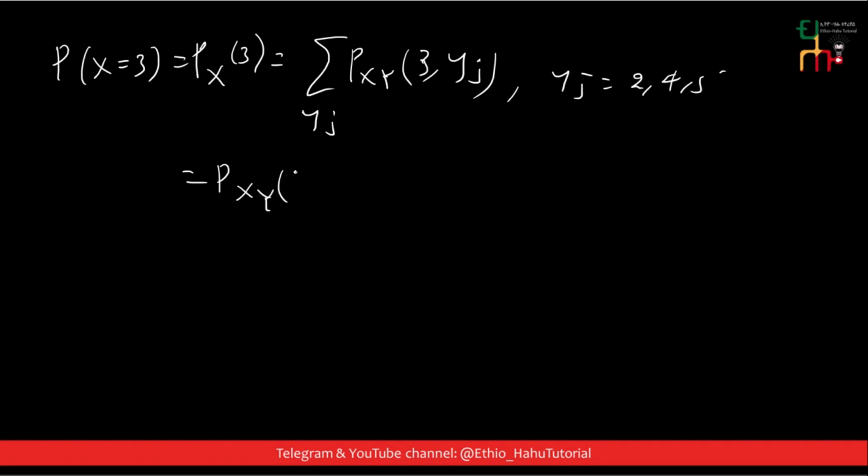This is equal to the joint probability mass function of 3 comma 2. የx ዋጋ አይቀየርም፣ የy ዋጋ ግን over all y's እንደምራለን ማለት ነው። የxን probability mass function ለማግኘት ማለት ነው። Plus the joint probability mass function of xy 3 comma 4 plus the joint probability mass function of 3 comma 5.